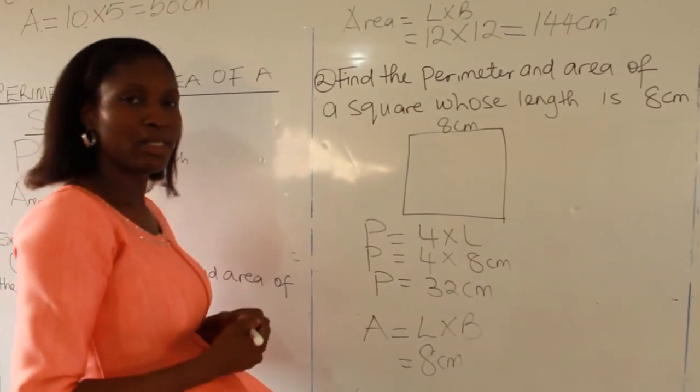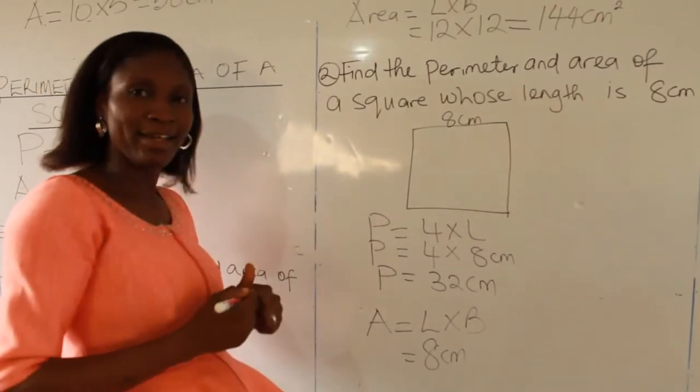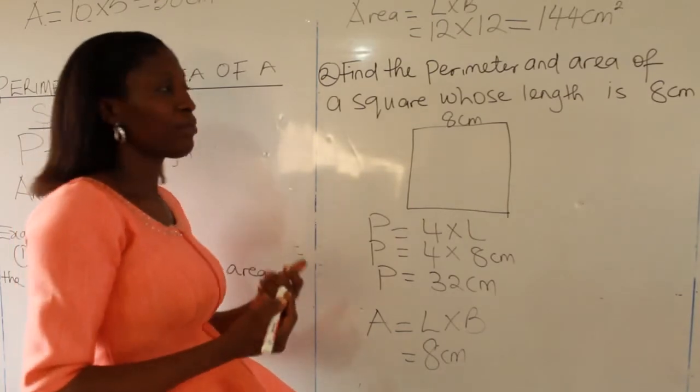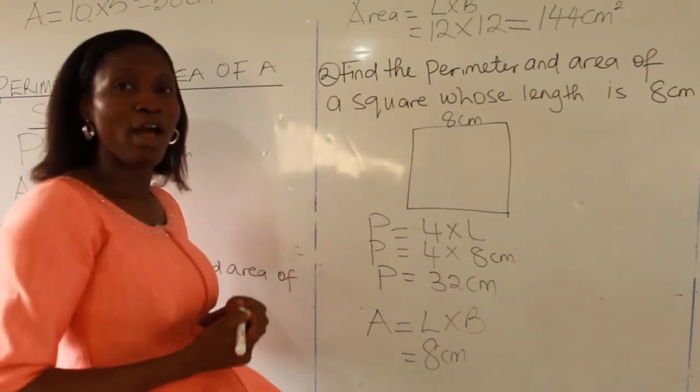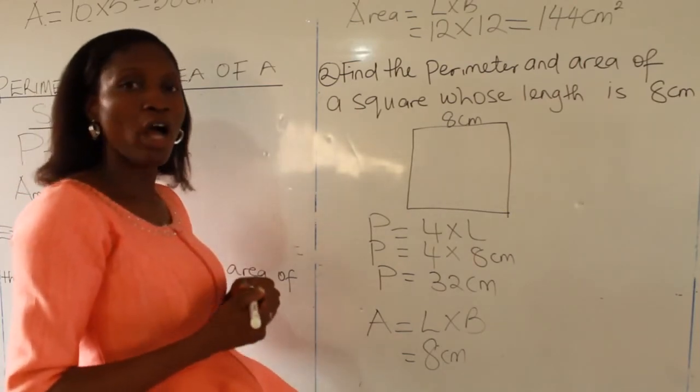And our breadth equals our length, because I said earlier that the sides of a square are equal.